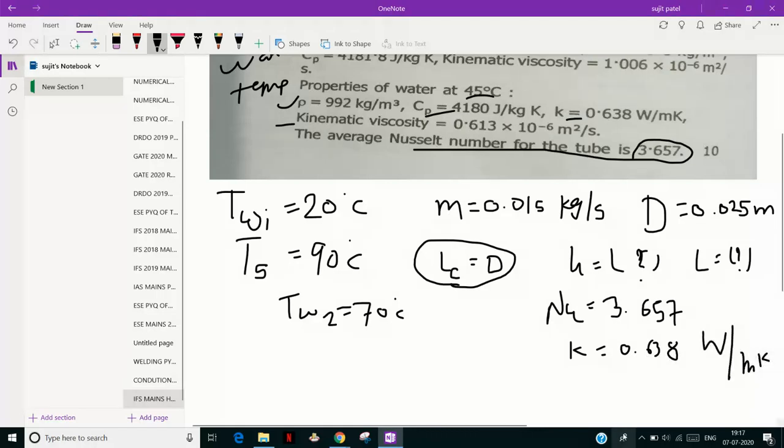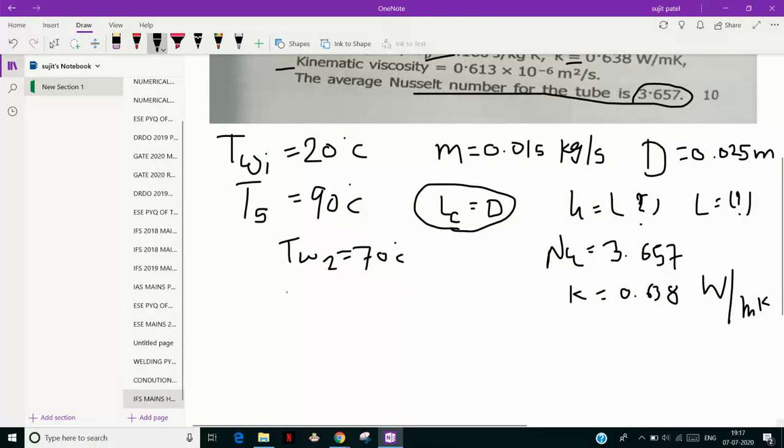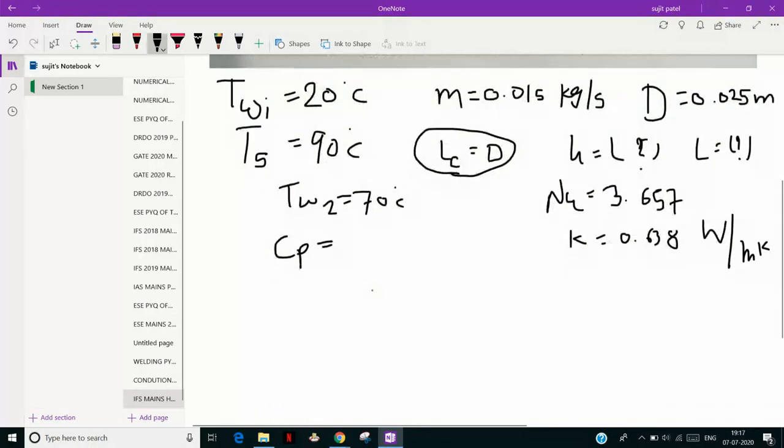And specific heat Cp given to us is 4180 joule per kg Kelvin. Remember the unit joule, not kilojoule.